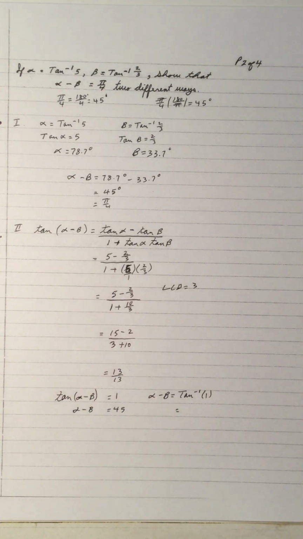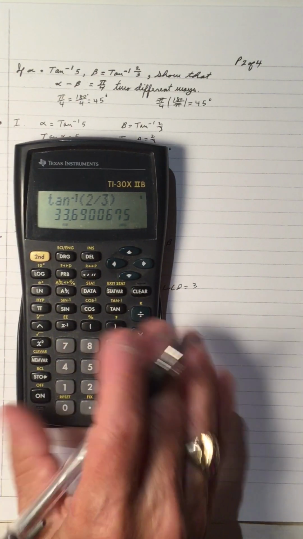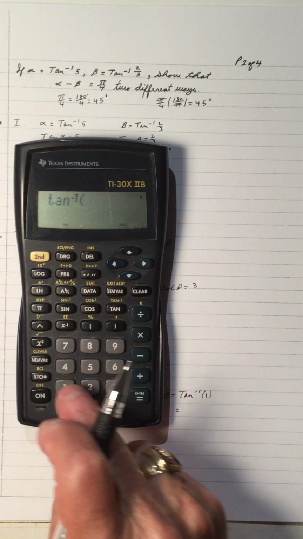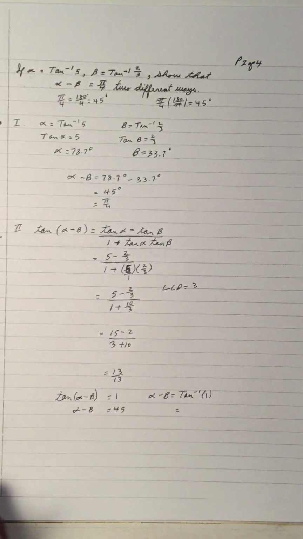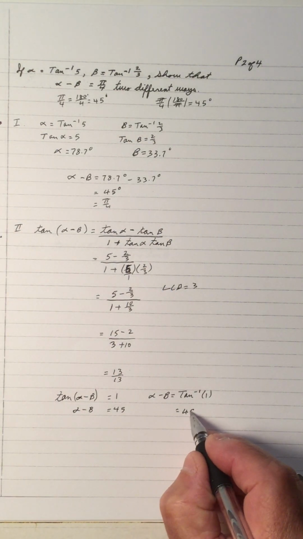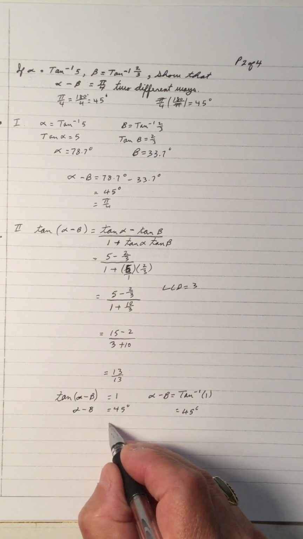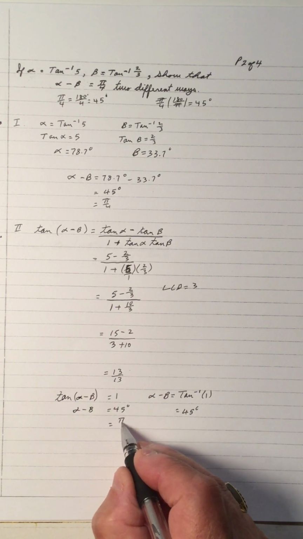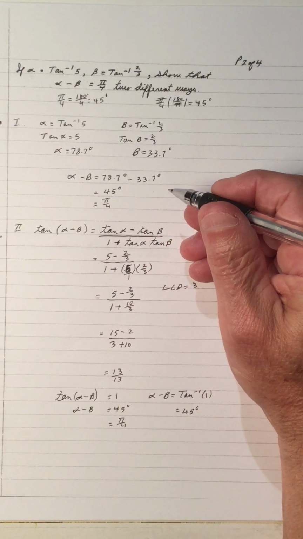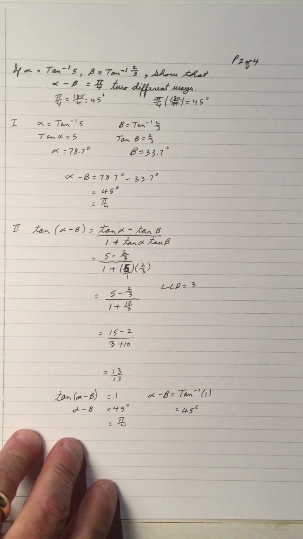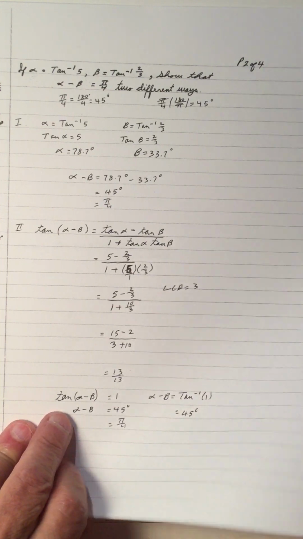If you use your calculator, you get inverse tan of 1, and that's, as you can see, 45 degrees. And 45 degrees is pi over 4. We already did it on the top. So that's 2 ways to prove that this is so.